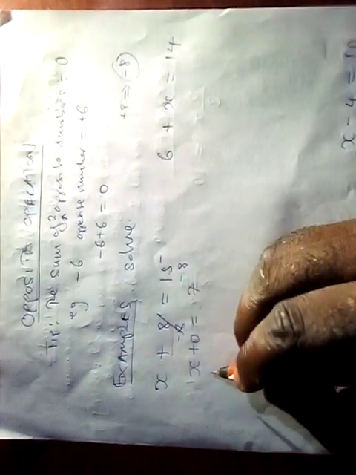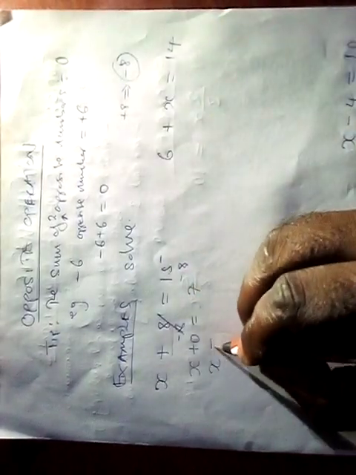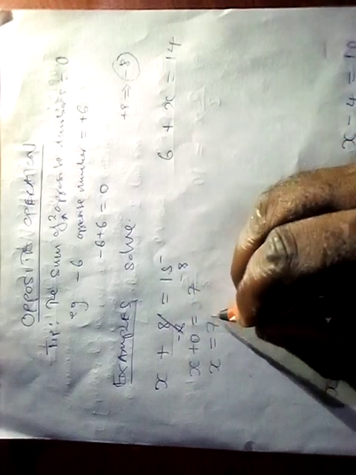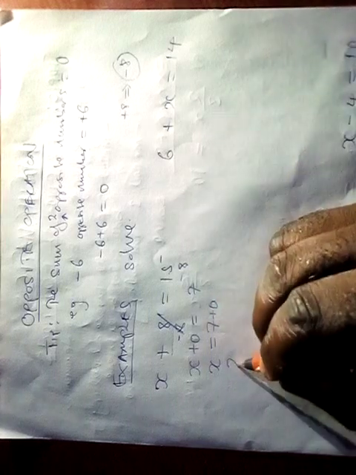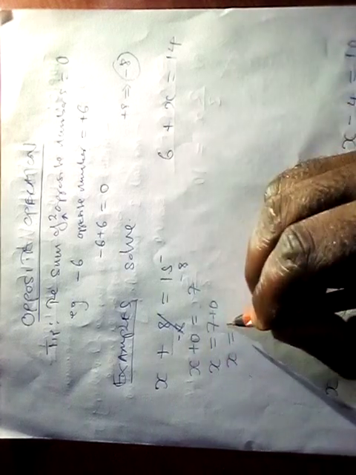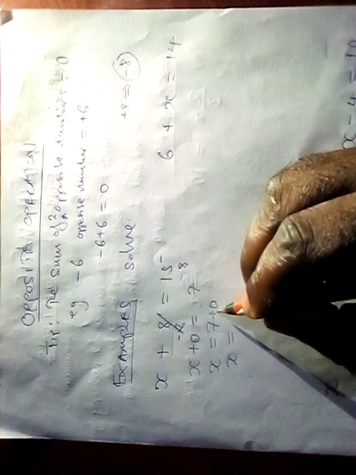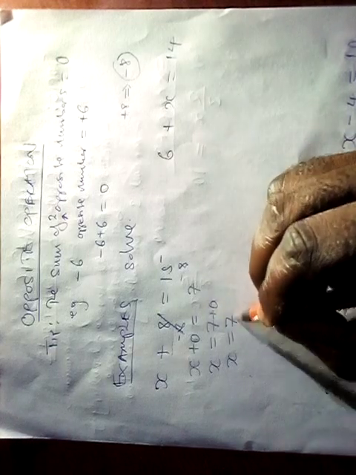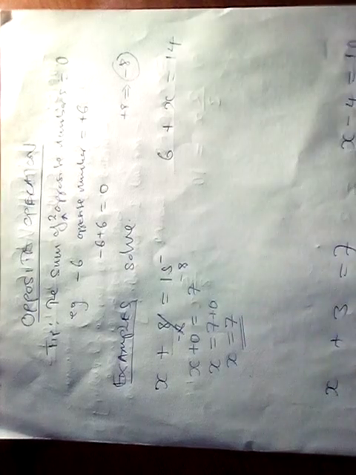So now we have x = 7 + 0, this 0 has no effect, since plus 0 or minus 0 is one and the same thing. So x = 7. This is the answer.